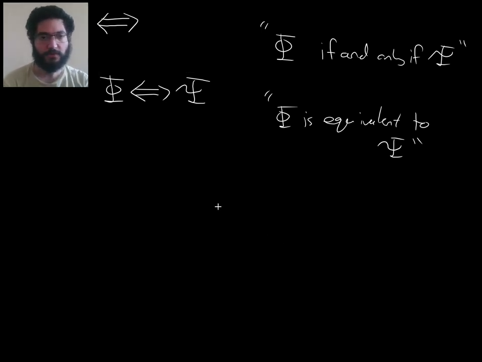So how do you prove and how do you use? Well, to use an equivalence is pretty easy. If you know phi is equivalent to psi, then from the truth of phi, you could deduce the truth of psi. And also from the truth of psi, you could deduce the truth of phi. So it's kind of like modus ponens, but going both ways.